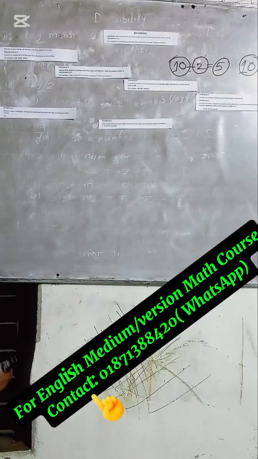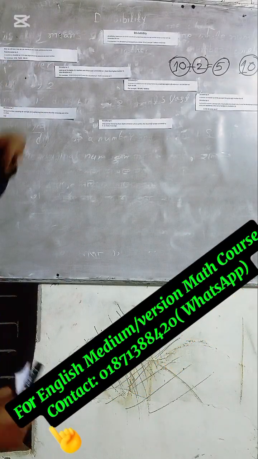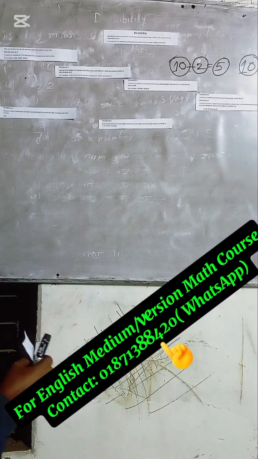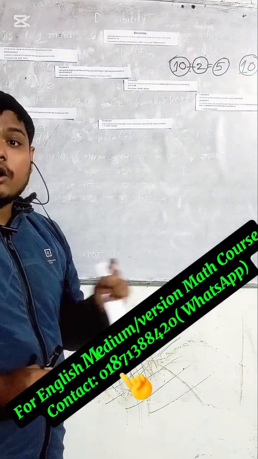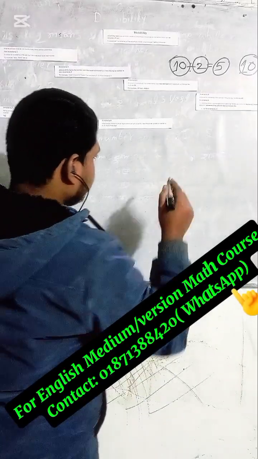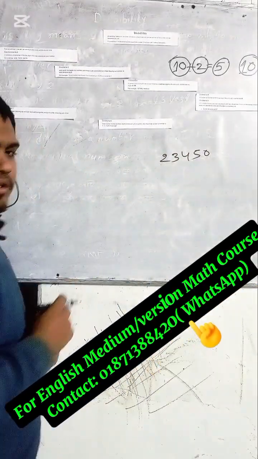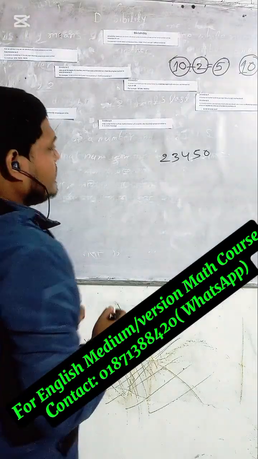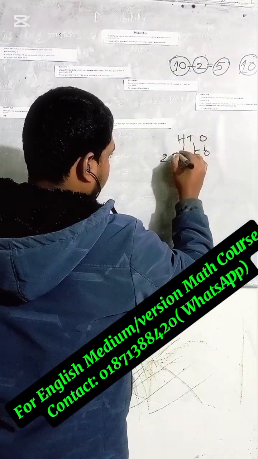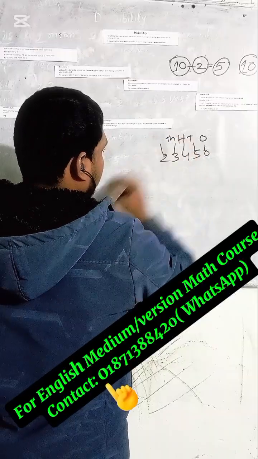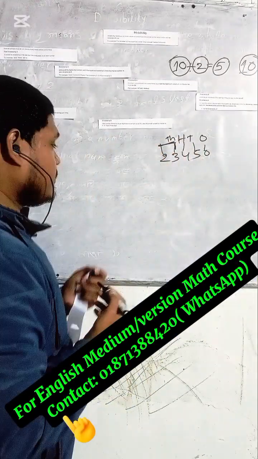First of all, divisible by 2. A number is divisible by 2 if its last digit is an even number or 0. For example, 23450. Can you read this number? Yes, we know this is ones, tens, hundreds, thousands, and this two-digit part contains thousands, right?